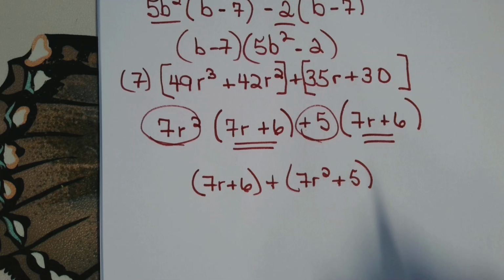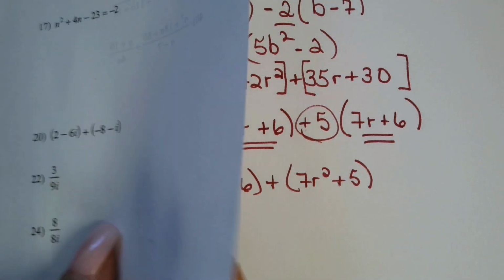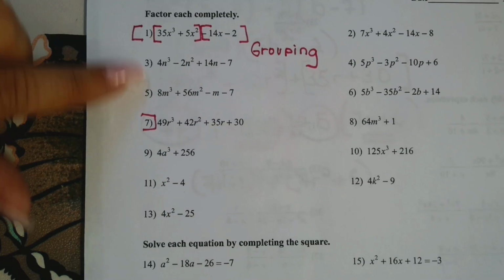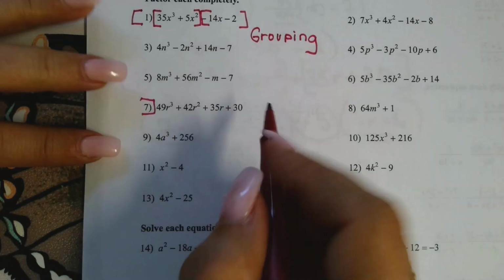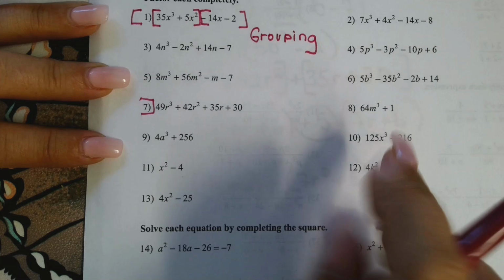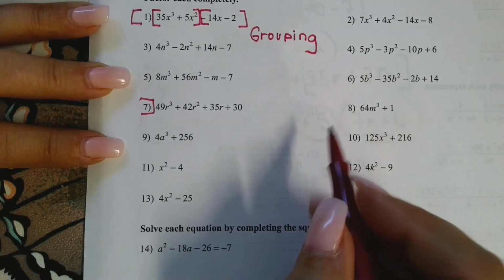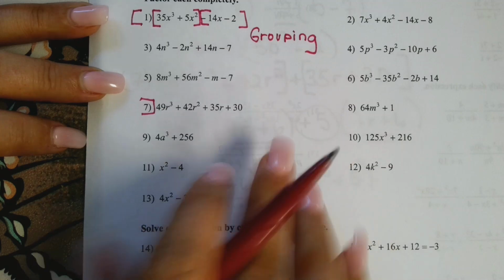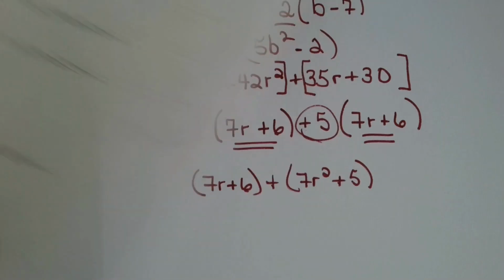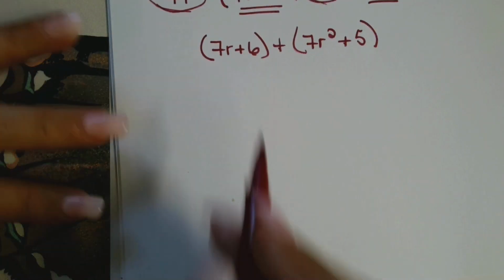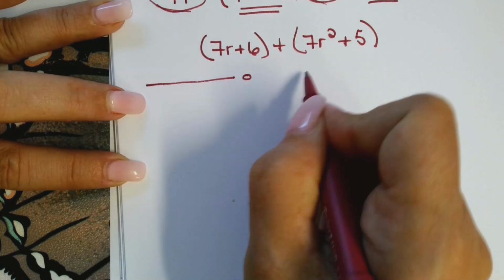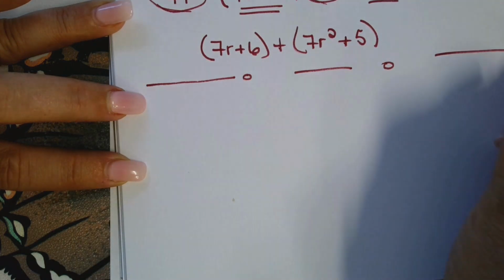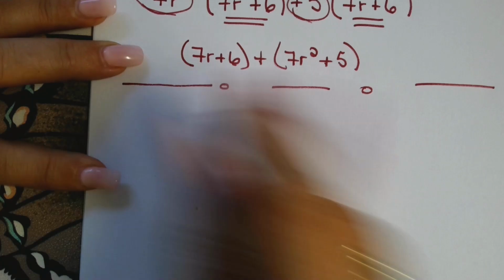So that was 1 through 7. Let's just take a look real quickly at the grouping section. All right? Then we have 8 through 13. And these are going to be a combination of 3 types of factoring problems. The 3 types of factoring problems are, hold on, let me get this nice and straight.